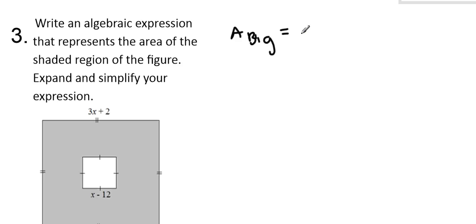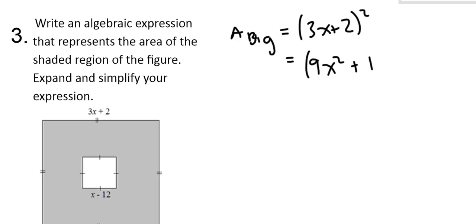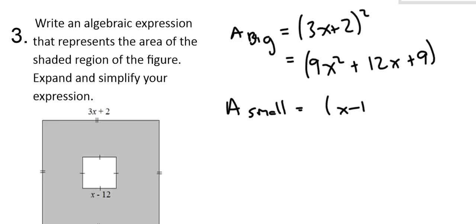Again, length times width. Well, if it's a square, then I can square it. So square the first, double the product, square the last. The area of the small shape, again, I'm told it's a square, so I can just take the side length and square it. Square the first, double the product, and square the last.